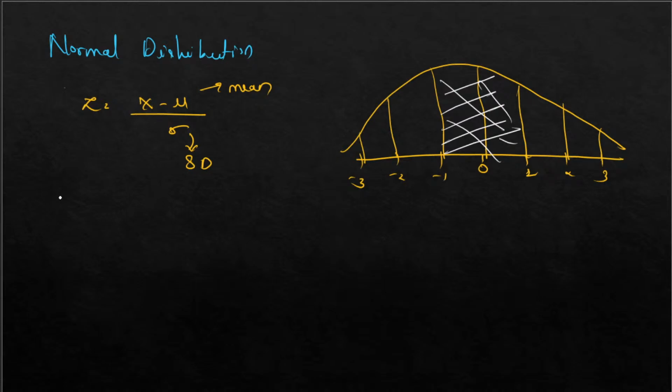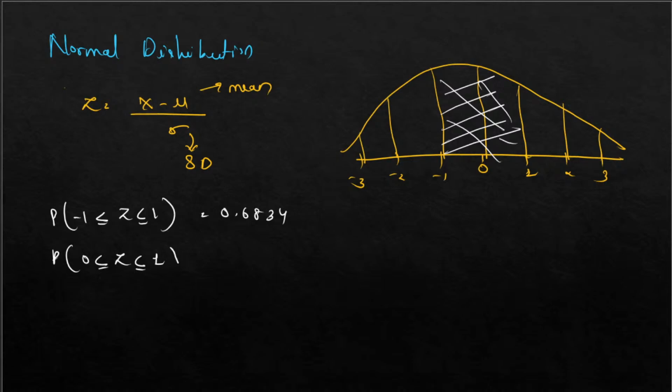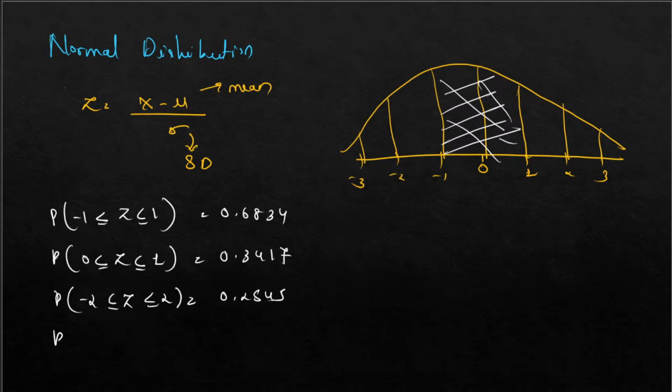Like this. So probability of -1 smaller than z smaller than 1, this is 0.6834. Probability of 0 smaller than z smaller than 1, this is 0.3417. Probability of -2 smaller than z smaller than 2, this is 0.9545. Probability of 0 smaller than z smaller than 2, which is equal to 0.4774.